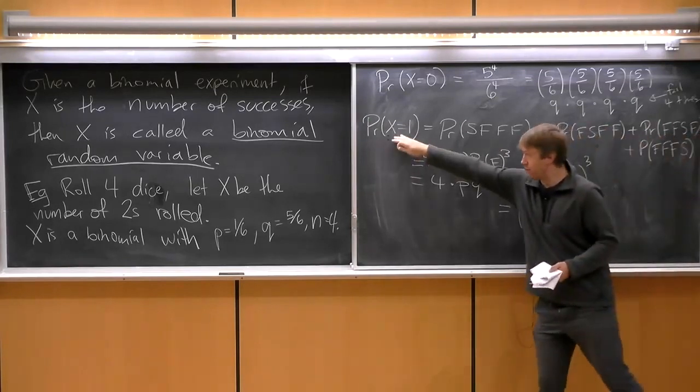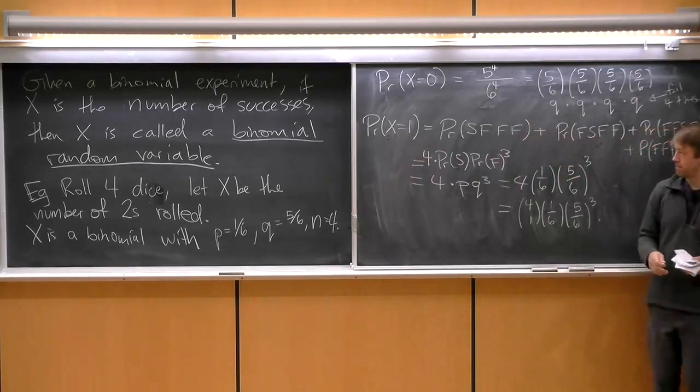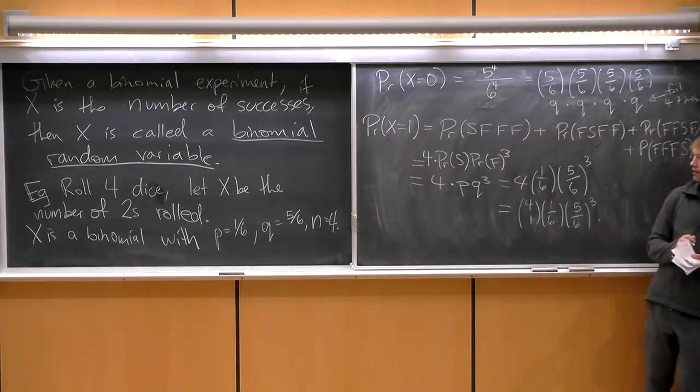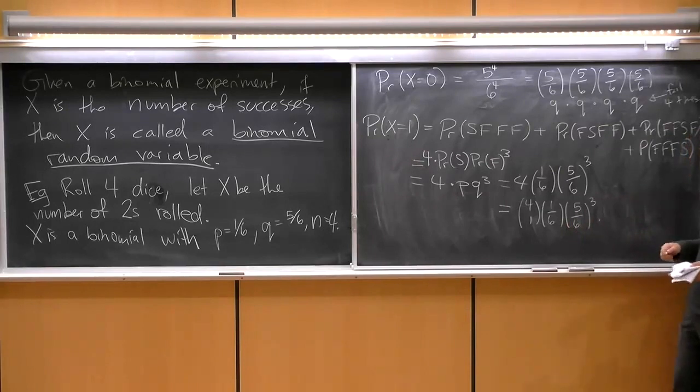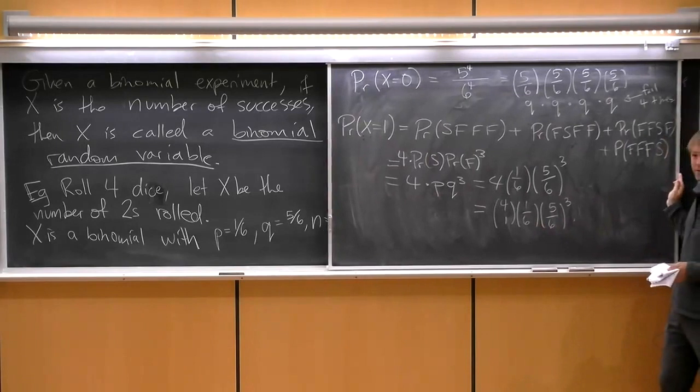The number of ways to have one success: there's 4 choose 1 ways to pick which is a success. And then the probability of a success is 1 over 6, the probability of failure is 5 over 6, and that has to happen 3 times. Is everybody with me so far? Or somewhat?